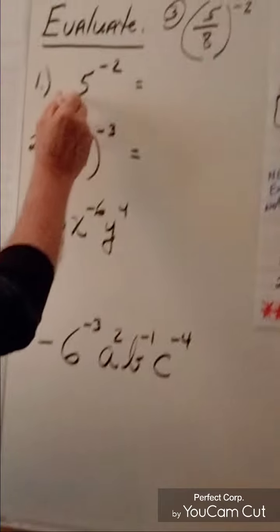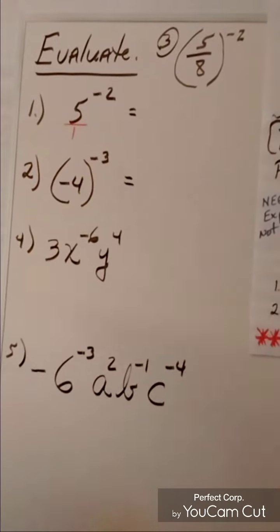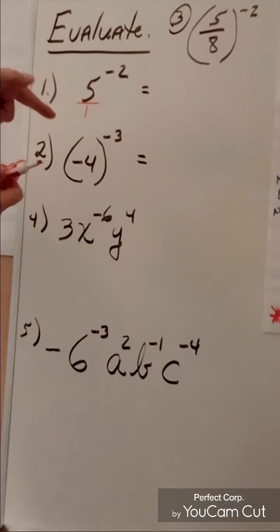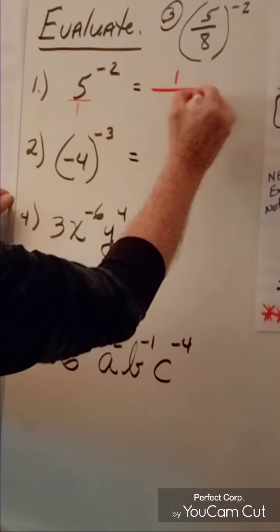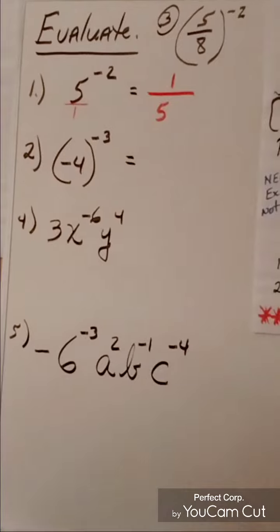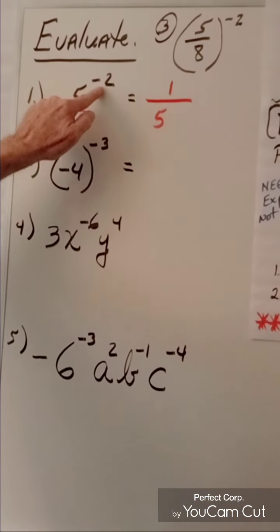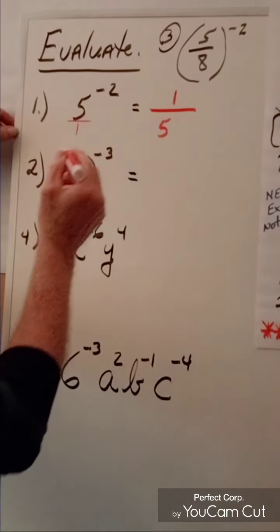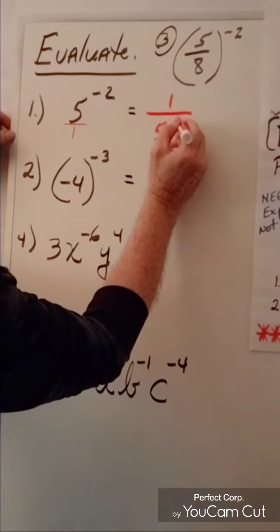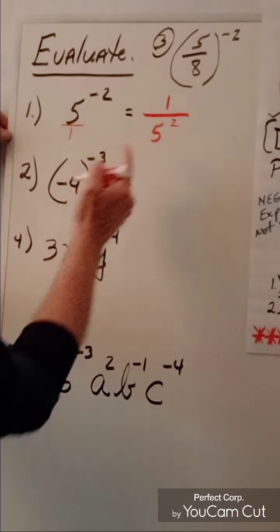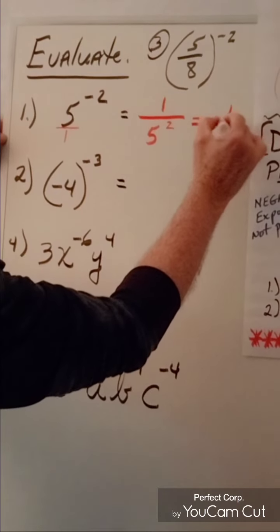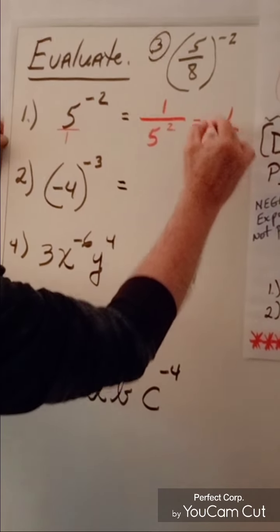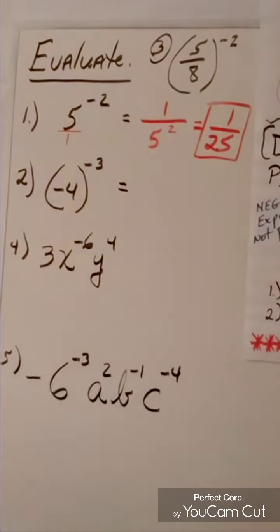Remember, that 5 is actually that. Invert it, reciprocate it. And then step 2, change that negative 2 to its opposite. And because this is very easy to further simplify, we would write 1 over 25, a done deal.